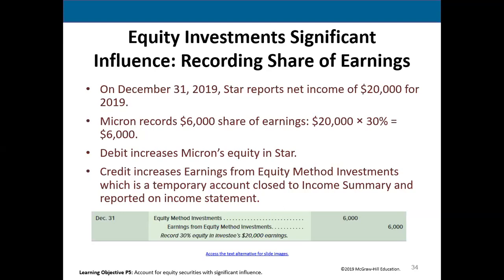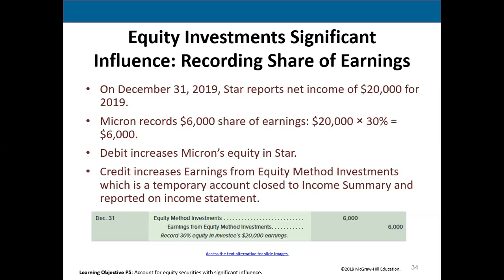And they don't wait till they actually receive it as a dividend to call it revenue. Nope. They credit a revenue account called earnings from equity method investment. That's a revenue account, and it gets reported on the income statement. The last method, we didn't call anything revenue until we got it as a dividend. Not so in this method.